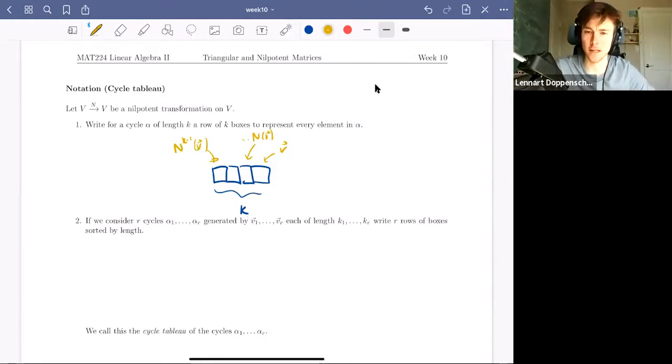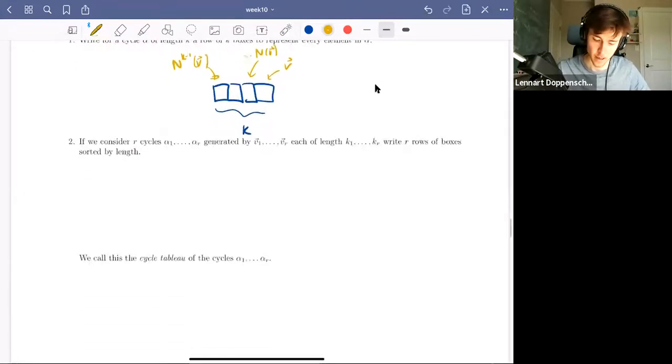Just because the elements themselves don't really matter as much as the structure of the cycle. To be honest, all these indices are cumbersome to write. We just want an easy notation to remember how long the cycle is. And in the next step, we see how many cycles we have, because this was step 1.